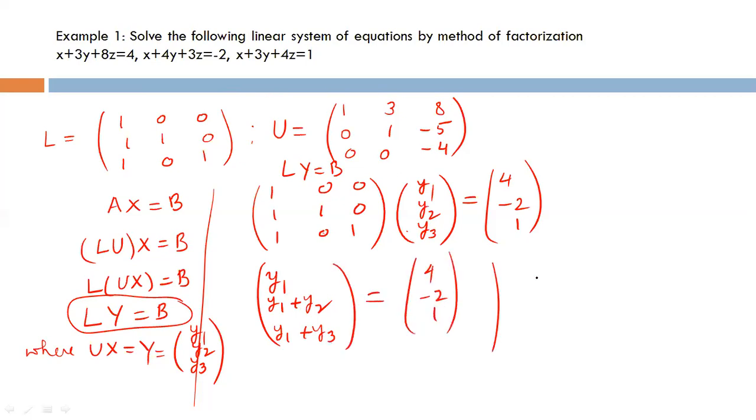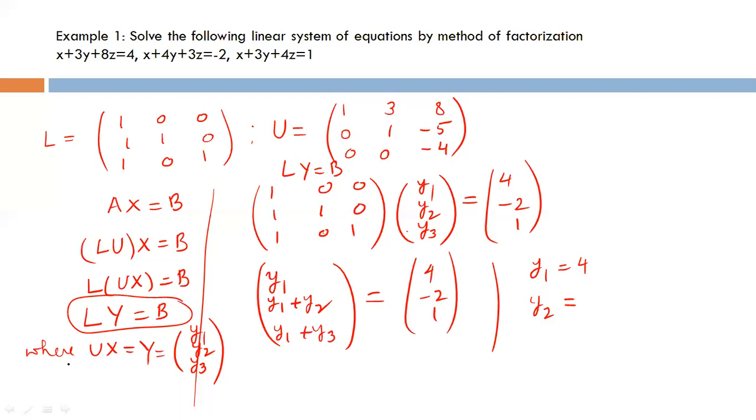If you compare, you can see that Y1 equal to 4. And there is a correction in this question.